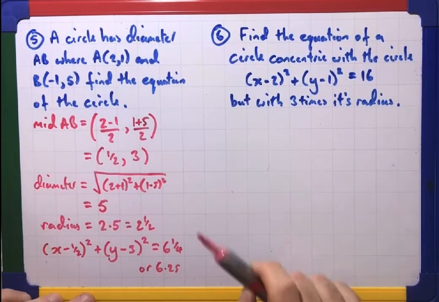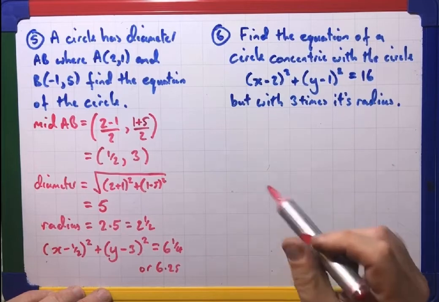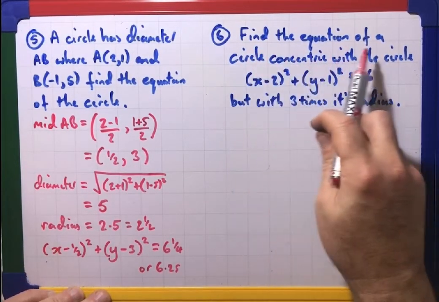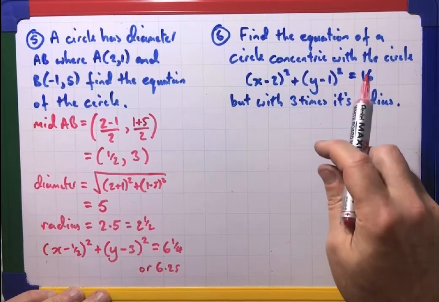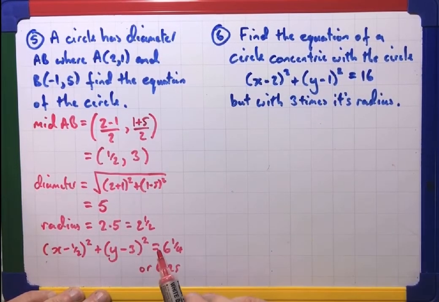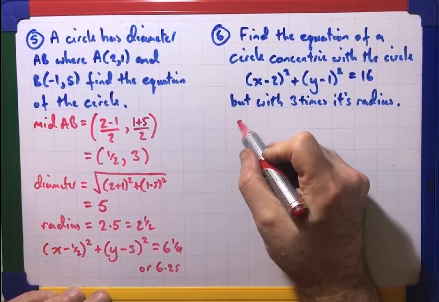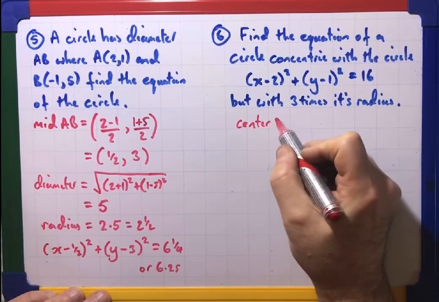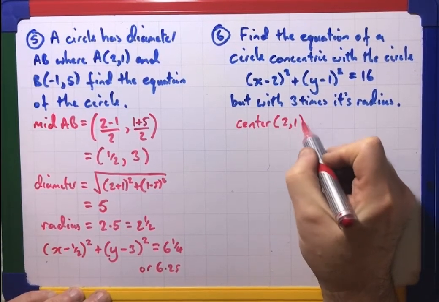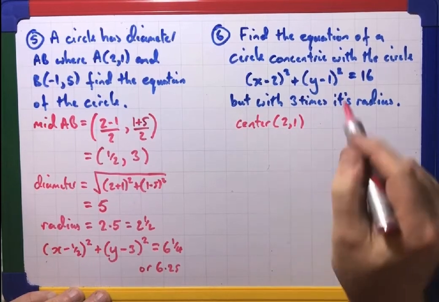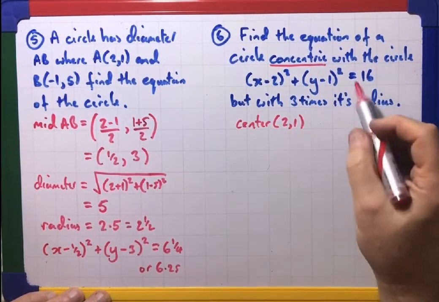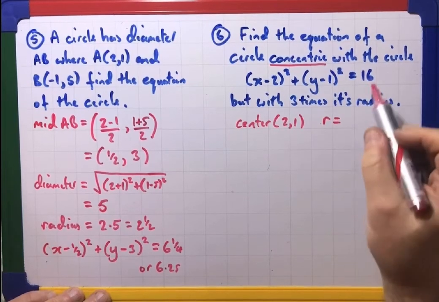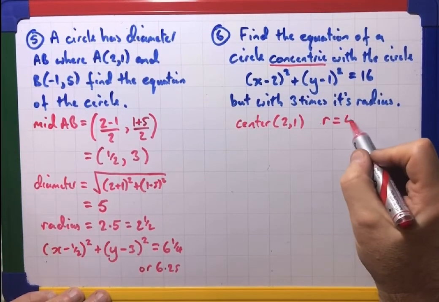Let's move on to this last example in video 2. Find the equation of a circle concentric with this circle, but with 3 times its radius. Well, it's got a centre of (2, 1). That's not going to change, because concentric means it's got the same centre. But that one's got radius, if you take the square root of that, you get 4.